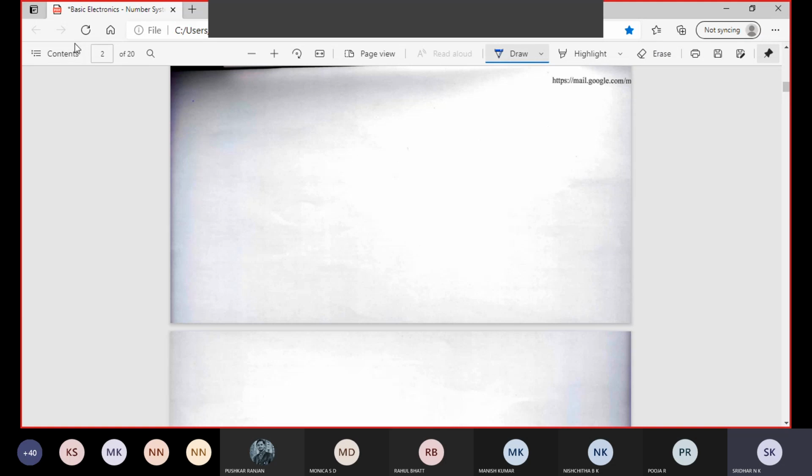Law 20. A plus A bar dot B is equal to A plus B. We'll prove this. Because you are new to this, many of you will feel, how did we get this?